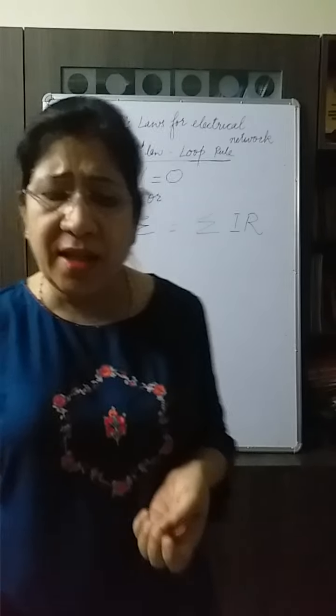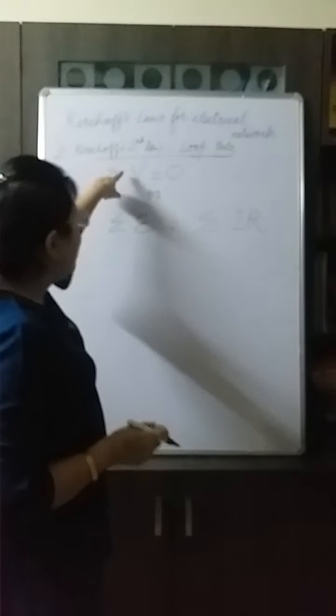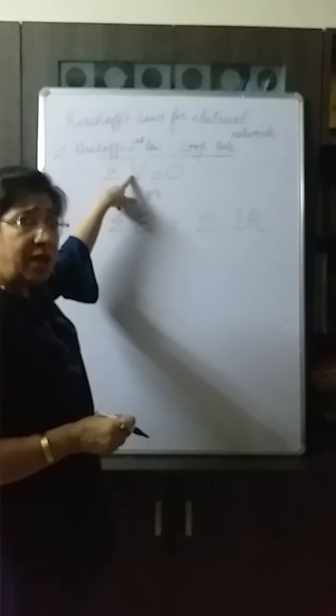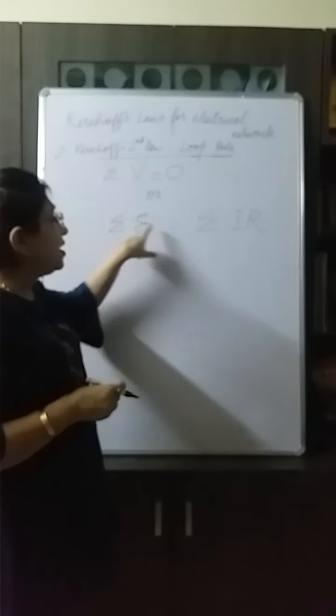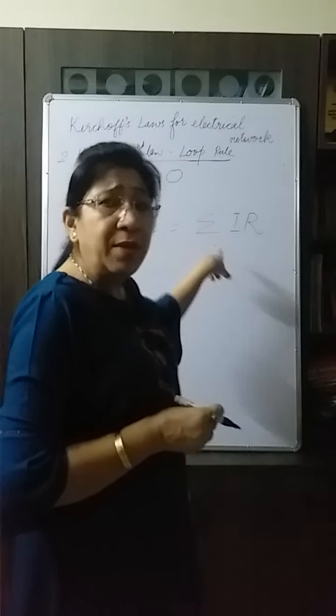These are the two ways in which we can state the law. In each case we are saying that it is the algebraic sum of the potential differences. Here we are saying the algebraic sum of the EMFs equals the algebraic sum of the products of currents and resistances. Hence, there must be a sign convention here again.